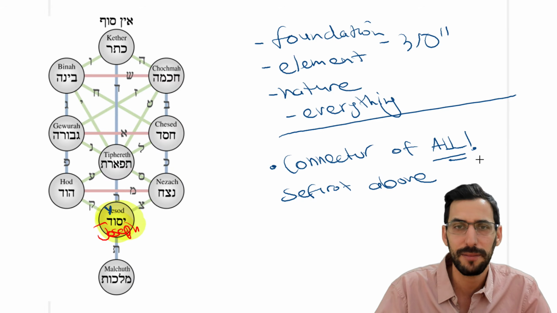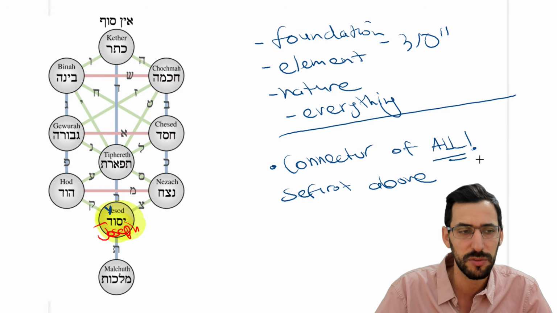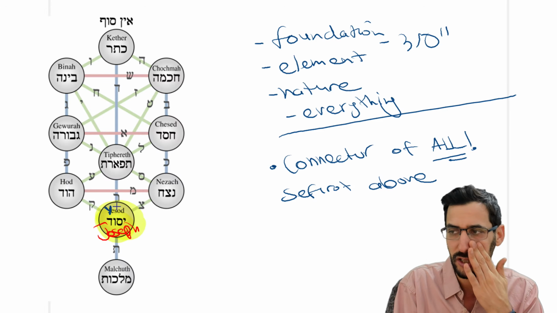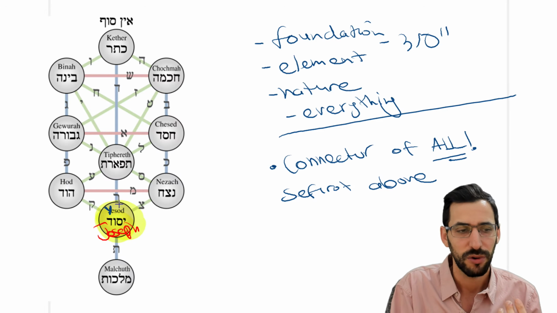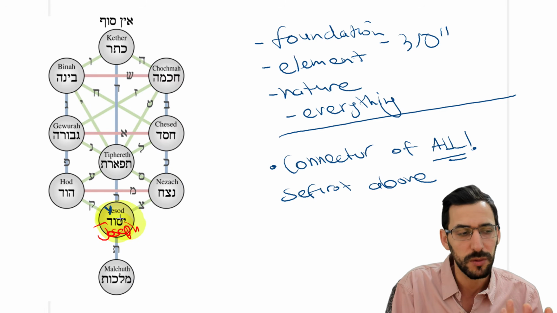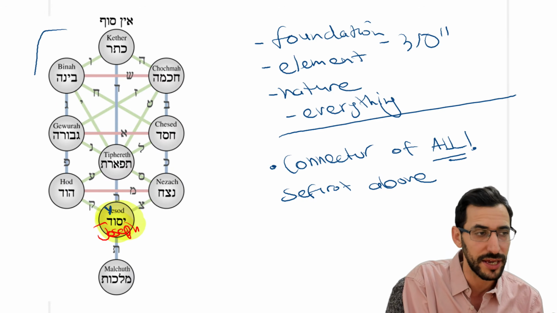You could say, if we're talking about practical work, Yesod represents our intention to build connection between each other all the time. So when we say, we've got to focus on connection, we've got to build connection, we're actually working with this quality of Yesod, but in fact, because it's the connector of all the Sefirot above, we're working with this entire structure, with the upper 9.